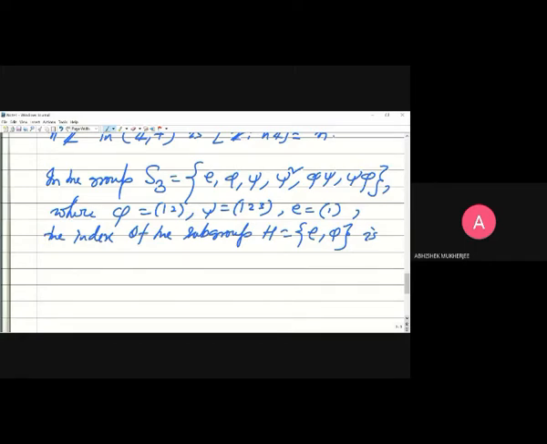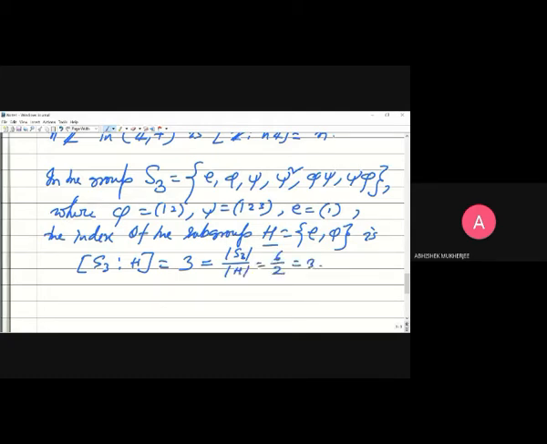If you go back to the discussion made in our lecture 10 or 11 maybe, you will see that the number of distinct left cosets of this subgroup in the symmetric group S3 is 3, right? So the index of this subgroup, S3 : H, was 3. And in view of Lagrange's theorem, the order of the group S3 is 6, so 6 by 2, that is 3.